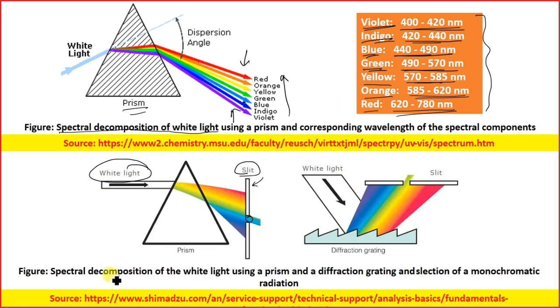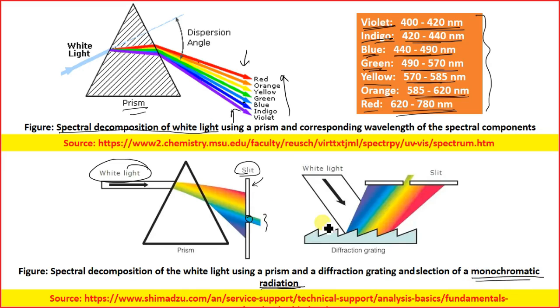Now, you have to be very careful while choosing this slit opening. Why is that so? The narrower the slit you make, the finer the monochromatic radiation you will get.